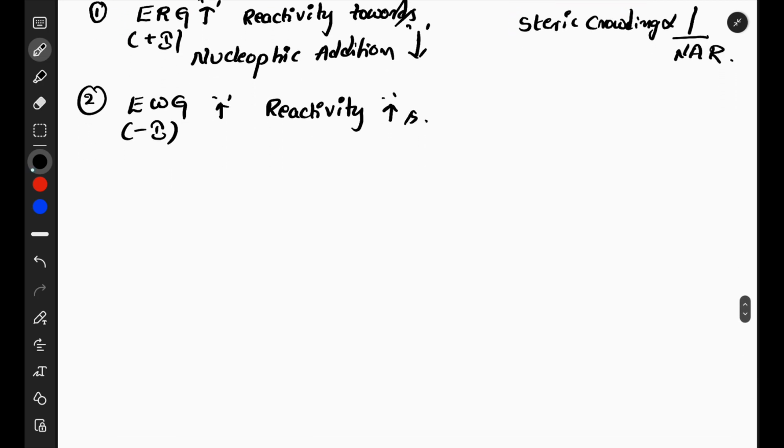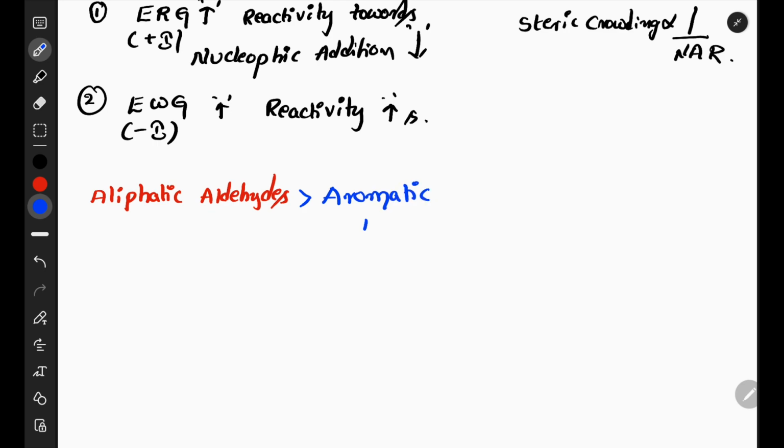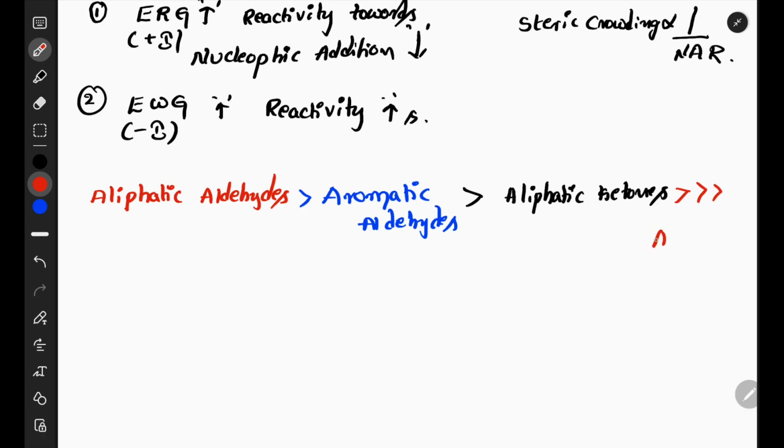Due to this order, among aldehydes and ketones, aliphatic aldehydes are the most reactive. After that, aromatic aldehydes are somewhat less reactive. Then aliphatic ketones. The least reactive are aromatic ketones.